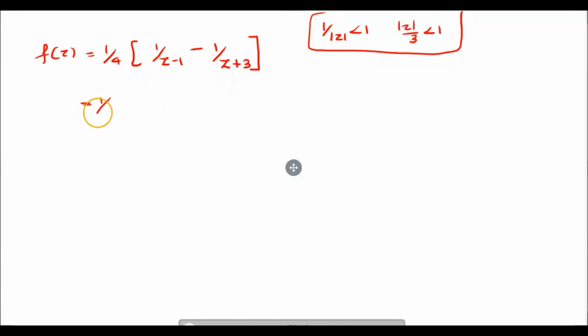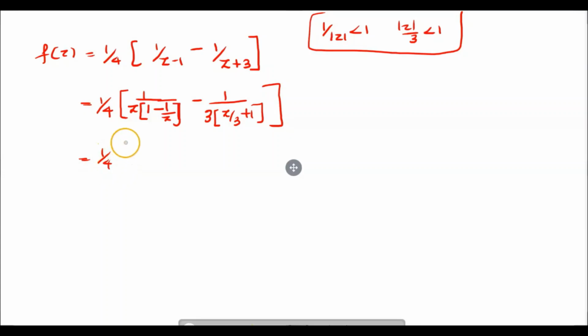Now this is 1 by 4. We want 1 by mod z, so take z outside, we get 1 minus 1 by z. Now here we want z by 3, so take 3 outside, we get z by 3 plus 1.